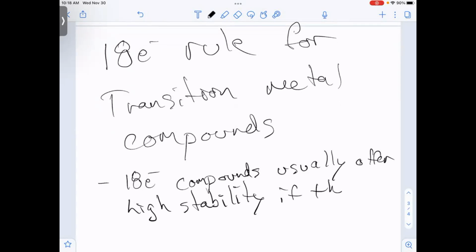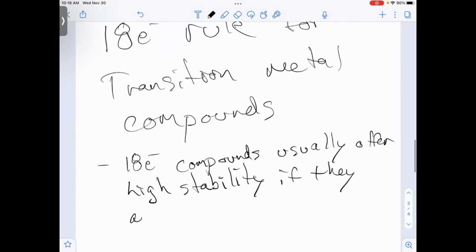If they are octahedral. And I'll also put in parentheses here tetrahedral at times as well. But we're going to talk about some of the limitations of this. So octahedral in particular fits really, really well for this 18 electron rule. And it actually has to do with the MO things that we were talking about previously.